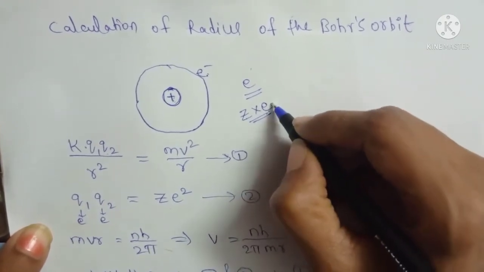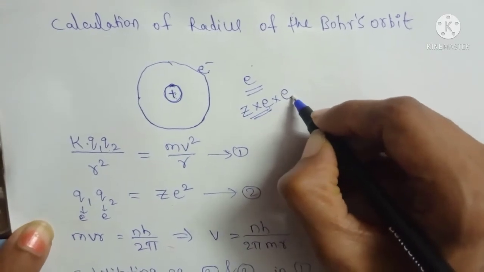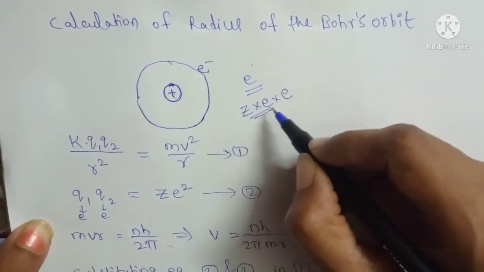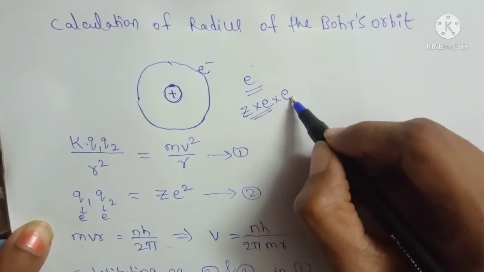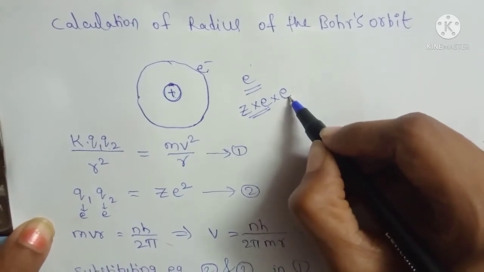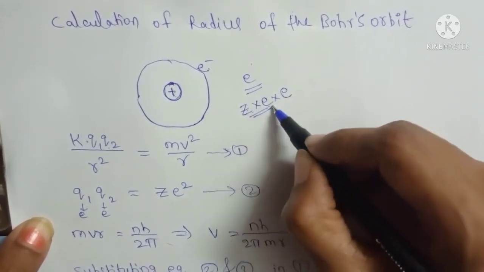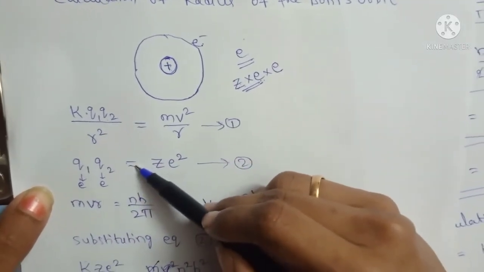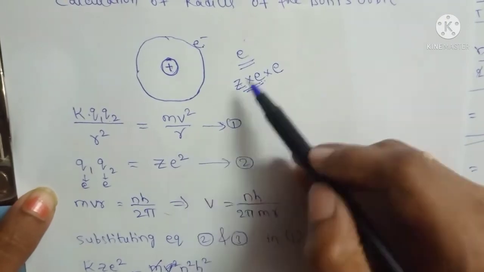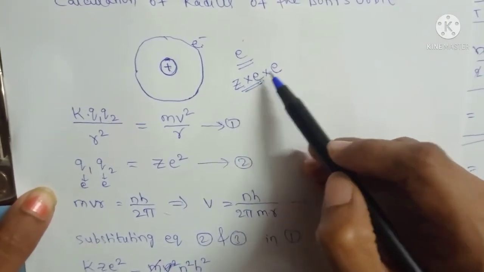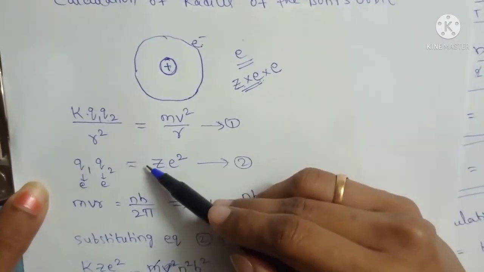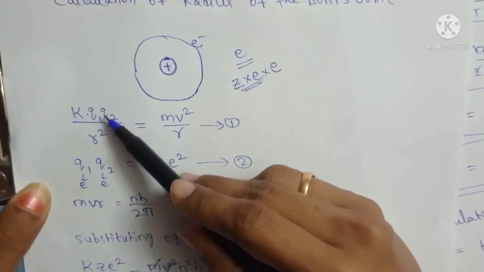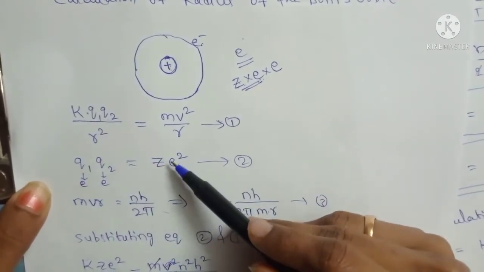In the same way, the total charge of the electrons is also atomic number into one electron charge. So Q1 Q2 will become Z E square, where E is the charge of the electron and also of the proton. We can substitute Z E square in place of Q1 Q2.